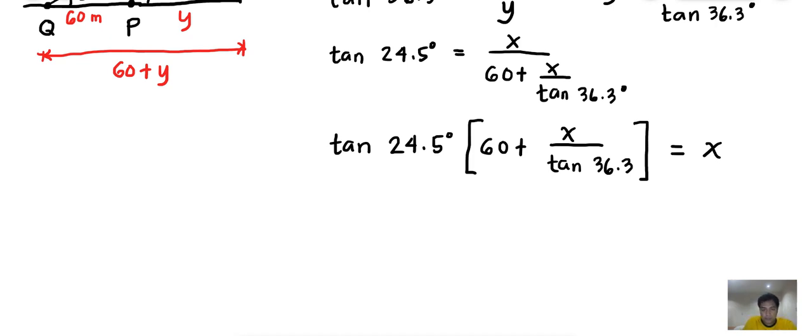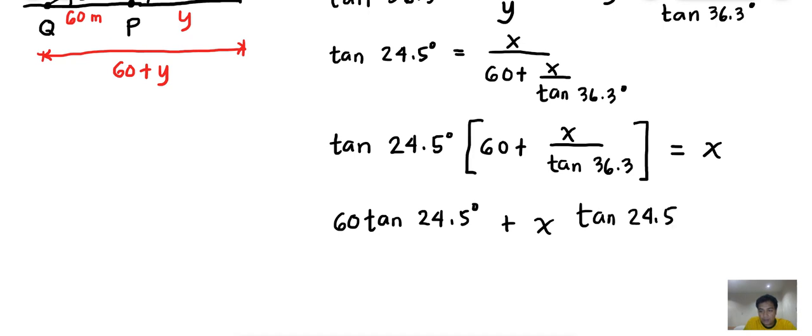So we need to distribute tangent of 24.5 degrees, so that becomes 60 tangent of 24.5 degrees plus x multiplied by tangent of 24.5 degrees over tangent of 36.3 degrees, and this is equal to x.